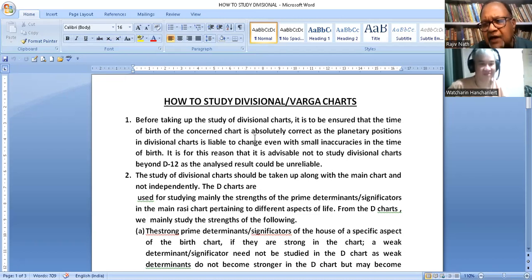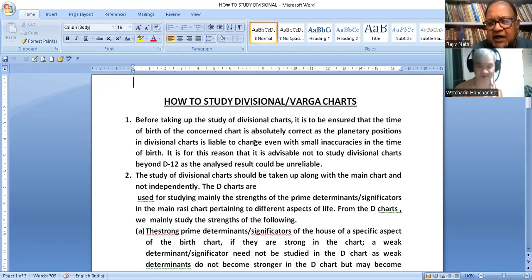Because we are dividing it into 9 equal parts. Say the Lagna: suppose your time of birth is off by 10 minutes. Then the Lagna of the Rashi chart itself is not correct. So if we further divide it, that will land us in a lot of confusion.